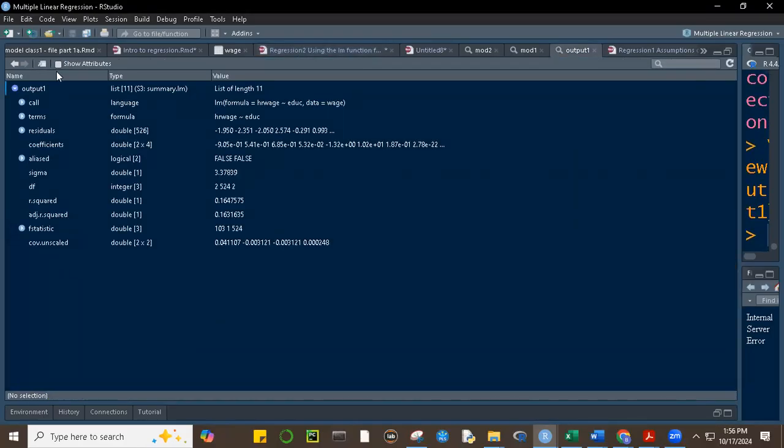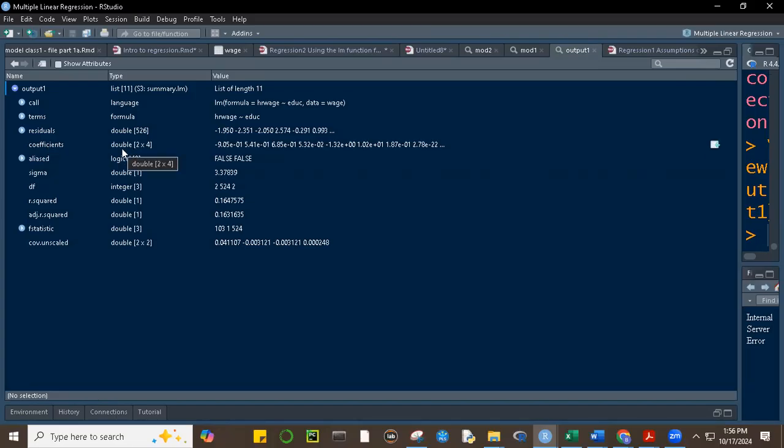This is also a list, class. It's a list of 11. We said a while ago that model 1 is a list of 12. This is a list of 11. Take a look at this: you have residuals here, and then coefficients. What do you notice about the coefficients, class?